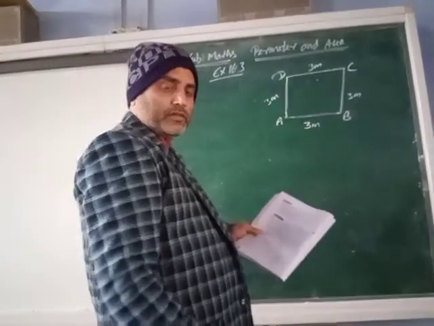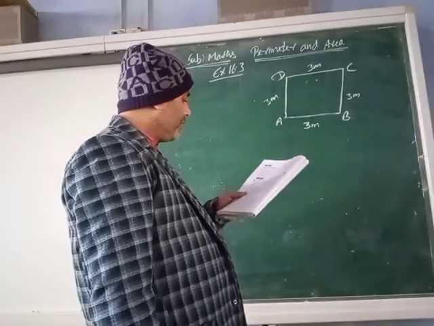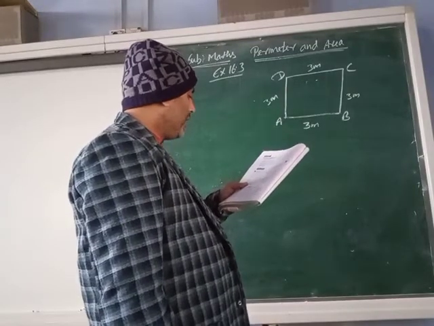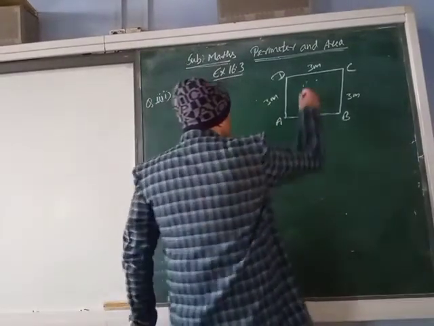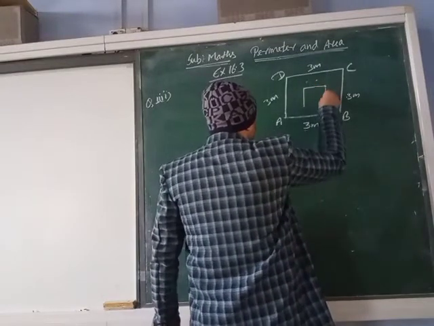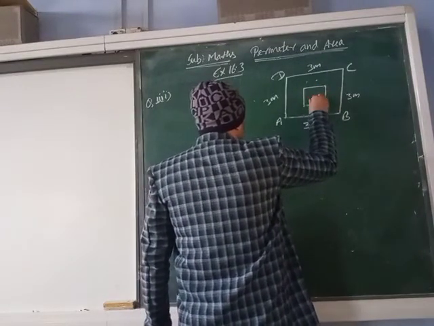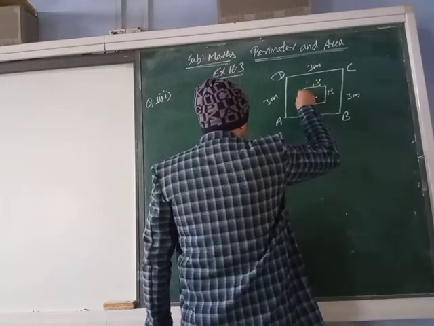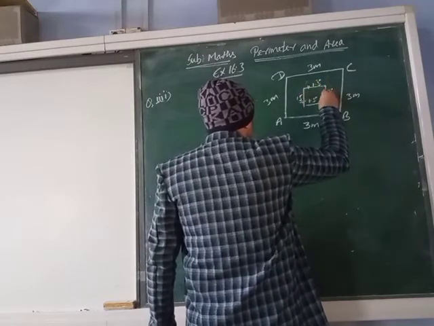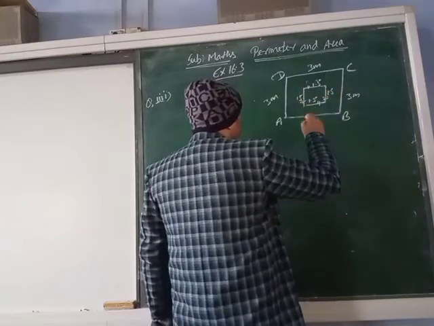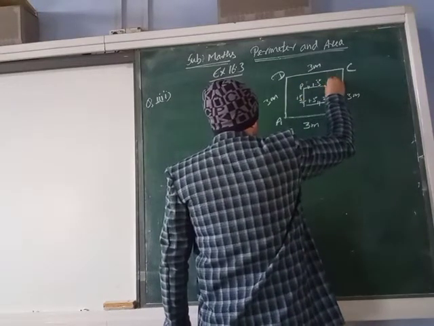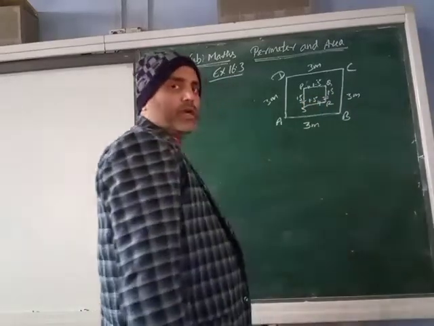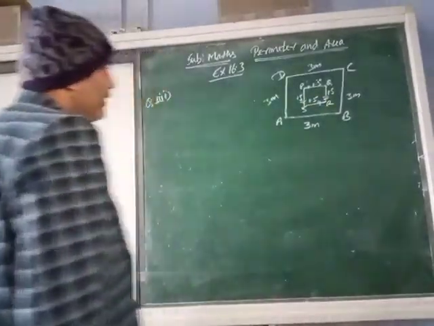This is a square, therefore all sides will be equal. We have to cut one square out of it, the square whose sides are given, that is P, Q, R, S. We have to find out the area of the remaining portion.